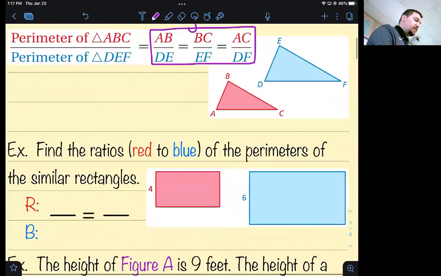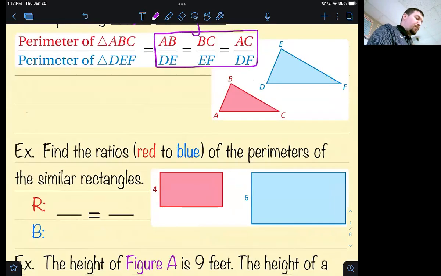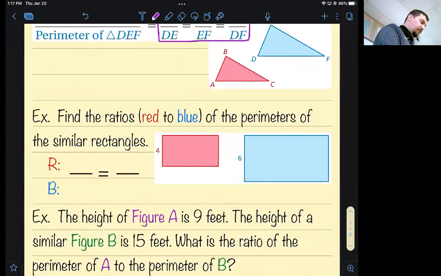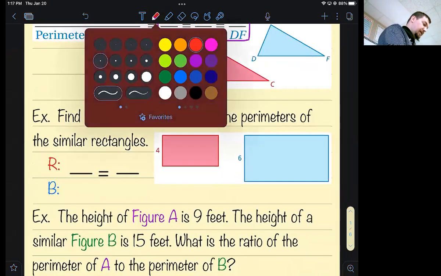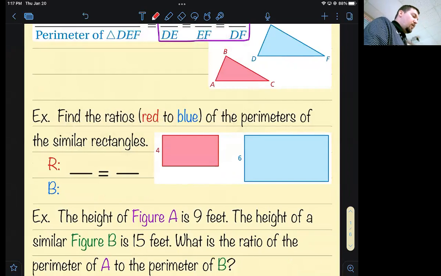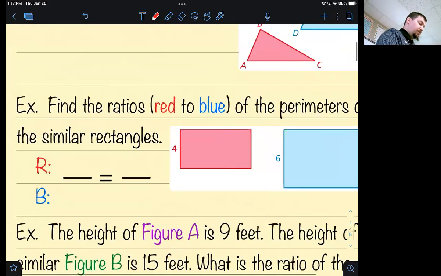Find the ratios, red to blue, of the perimeters of the similar rectangles. So let's see. Let's start with the side length ratios. What's the side length of the width of the red rectangle? Jacoby? What's the side length of the blue rectangle? 6.